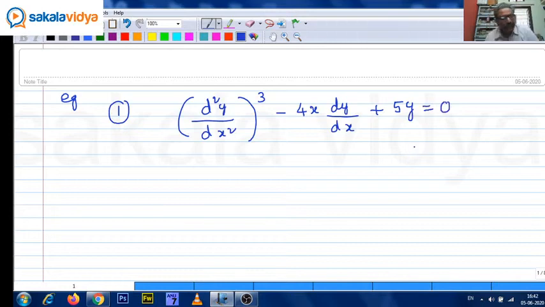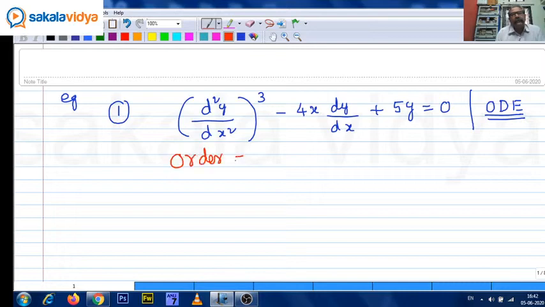Just like in organic chemistry, we can name the differential equation also. This is called ODE, ordinary differential equation. Now we need to tell the order first, and next we can discuss the degree.